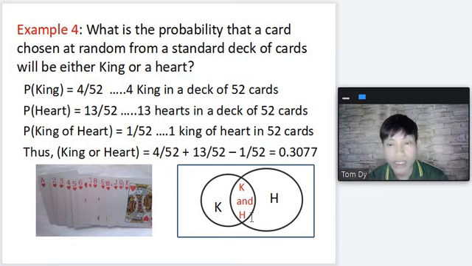This king of hearts is what is common. We have our king, which might be king and heart, and then we have our heart, which might be king and heart also. So this is our common. We will subtract this common, that is 1 over 52. So our value is 0.3077.